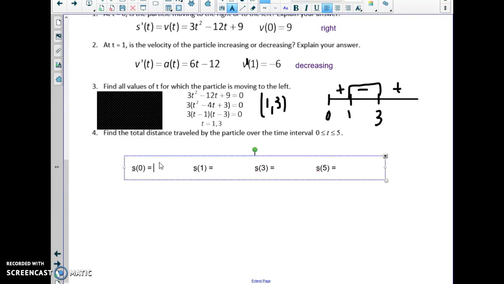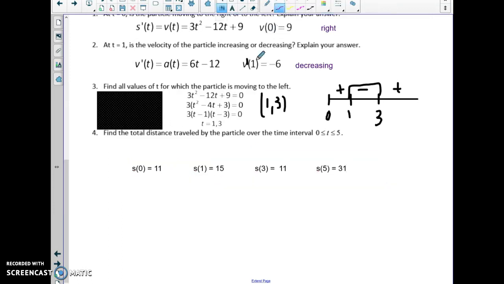So I'm going to go ahead and calculate each of these. S of 0 is 11. S of 1 is, let's see, 15. S of 3 is actually 11 again. And then S of 5 is 31. So we need to add the absolute value distances between each of these values.